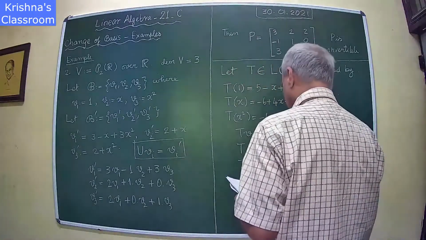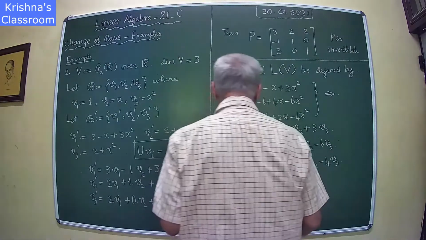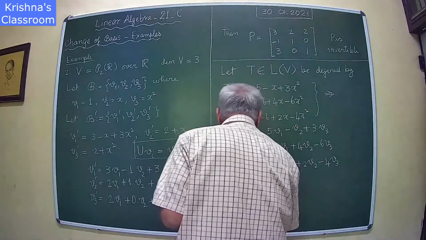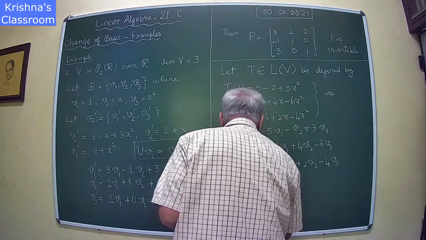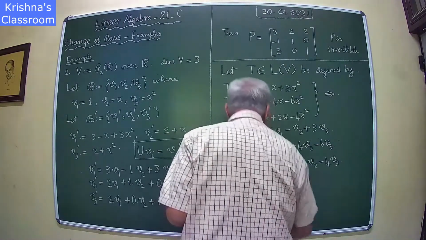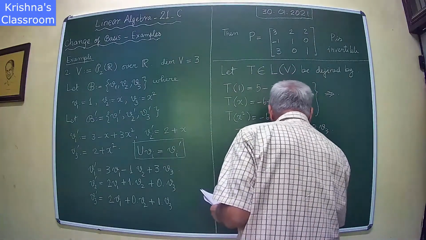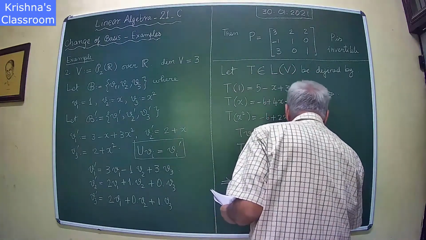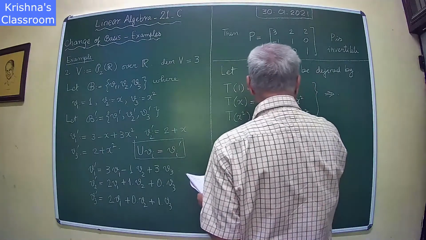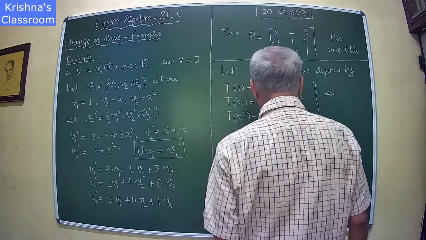This implies, once again, the matrix representation of T with respect to the ordered basis B is given by the first column being the coefficients of v1, v2, v3 in the expression for T v1.